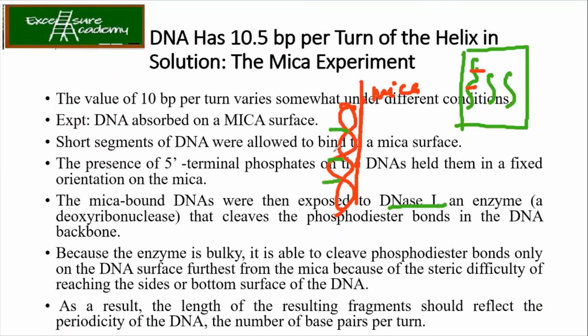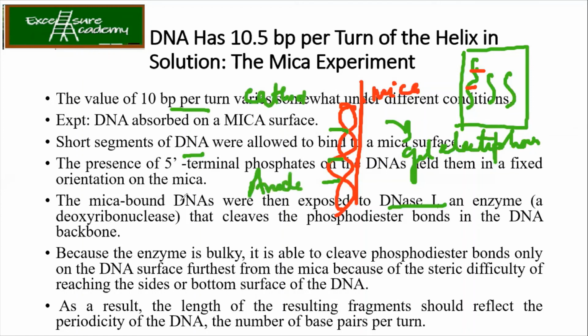Now what they have done, they have taken all these fragments of the DNA and run them on gel electrophoresis. Now you know that in gel electrophoresis, the lengthy bands will come on the top and the smaller fragments will come in the bottom, right? And we also know that DNA is negatively charged, so it will run from cathode to anode, right?